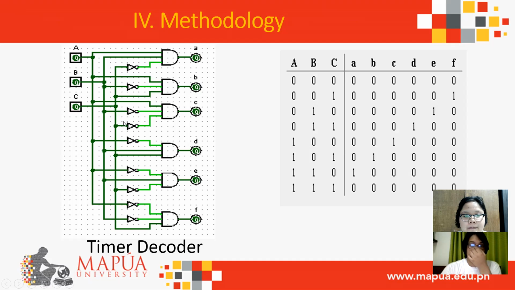So here, this is decoded, and this is actually connected to the 7 segment. Here on the right side is the truth table of our timer decoder.